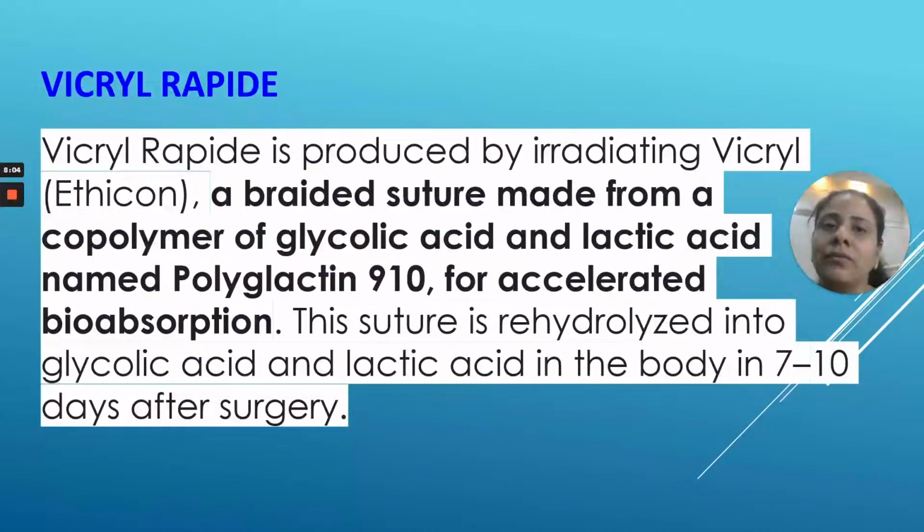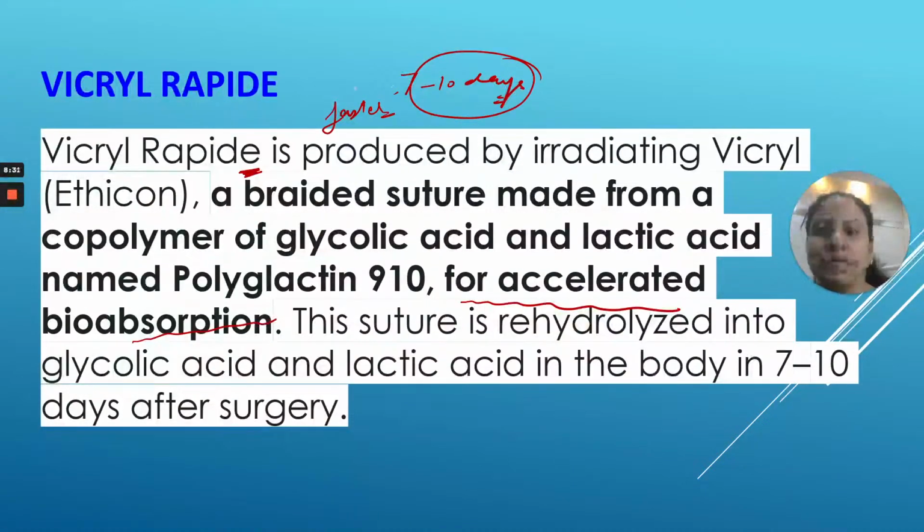There is another variant of the Vicryl suture which is called Vicryl Rapide. Basically the hydrolysis action or the resorption action is much faster. It is made up of accelerated bioabsorption. So in areas where we want the suture to be resorbed within 7 to 10 days, this suture is the ideal suture.